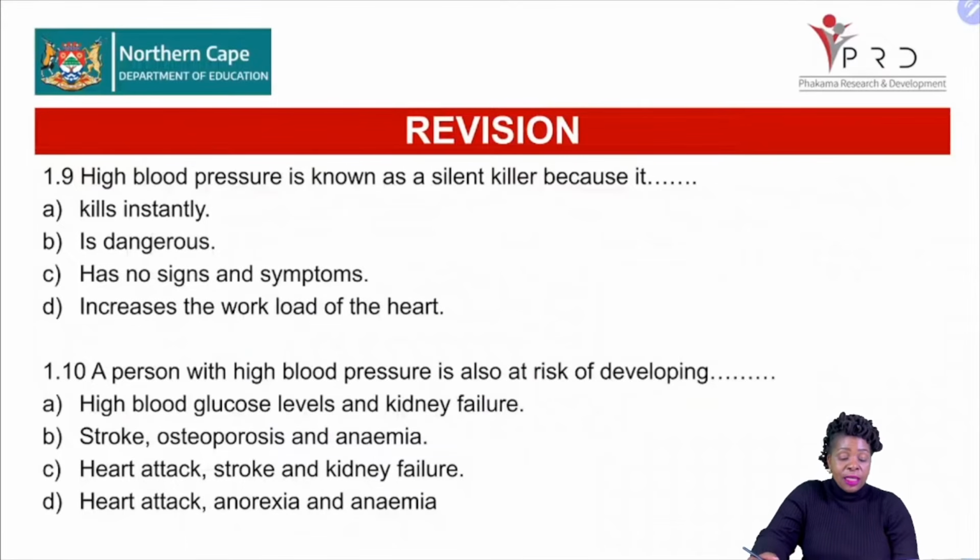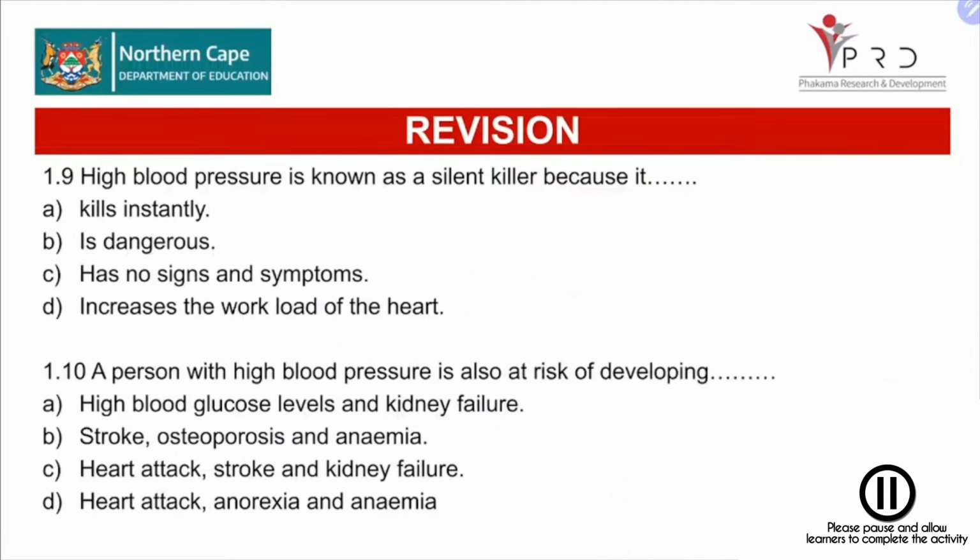And then 1.10 says a person with high blood pressure is also at risk of developing A, high blood glucose levels and kidney failure, B, stroke, osteoporosis and anemia, C, heart attack, stroke and kidney failure, and D, heart attack, anorexia and anemia. Right? Let's answer 1.9 and 1.10.